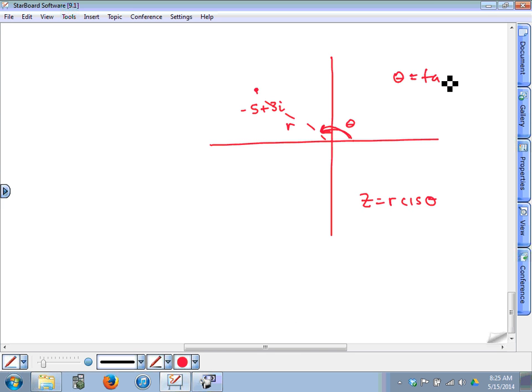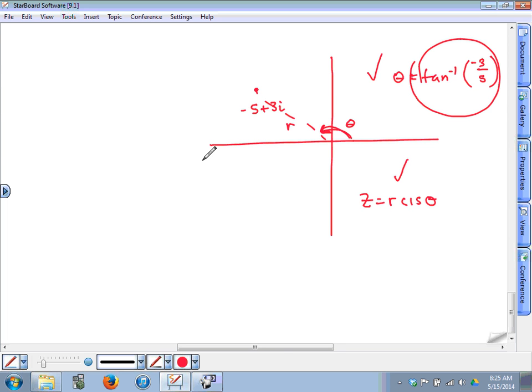Theta was equal to the inverse tangent of b over a, right? So it'd be negative 3/5. Did that always give you the right answer the first time you did that? This inverse tangent will only give you angles in the first or the fourth quadrant, only. Inverse tangent on a calculator only gives you angles in the first or fourth quadrant. So you would have to use whatever angle this gave you as a reference angle if it happened to be in the second or the third quadrant.